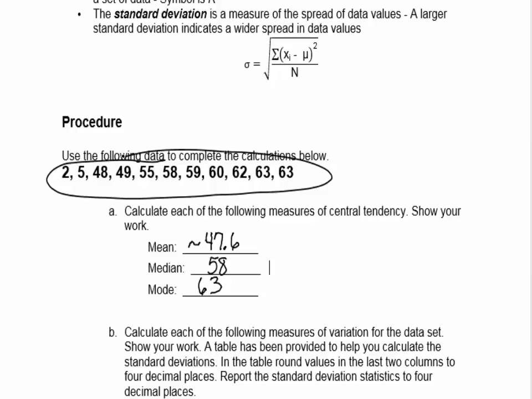How come this one's not a good measure of central tendency this time for this data? It's really high, isn't it? It doesn't have to be a whole number.